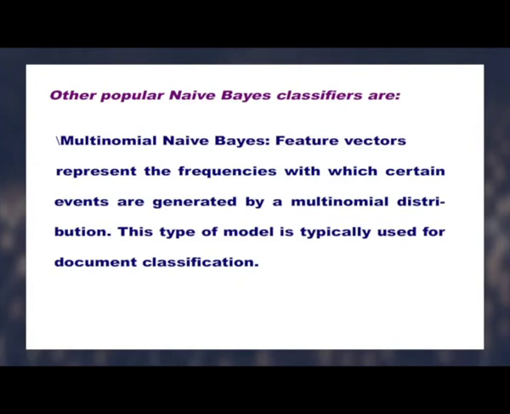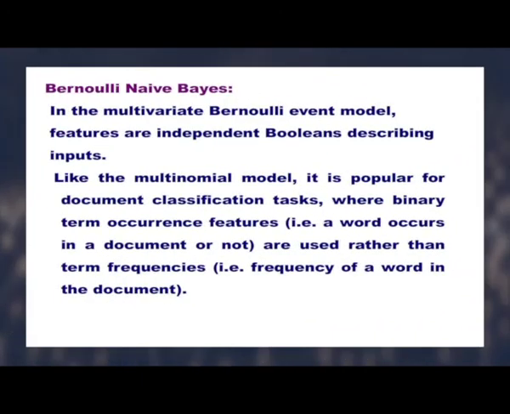Multinomial naive Bayes. Feature vectors represent the frequencies with which certain events are generated by a multinomial distribution. This type of model is typically used for document classification. The next one is Bernoulli naive Bayes. In this multivariate Bernoulli event model, features are independent Booleans describing inputs.